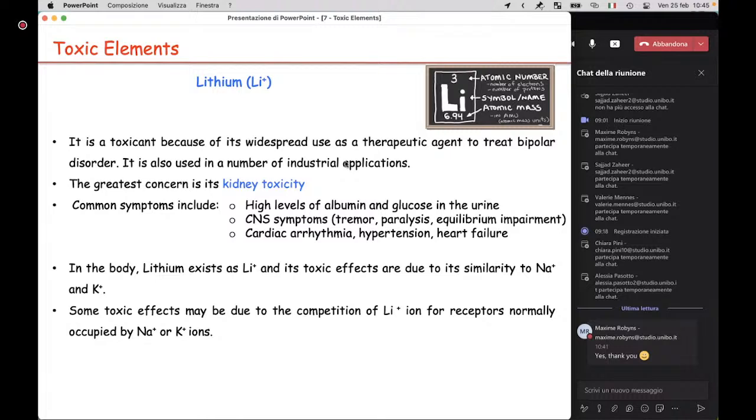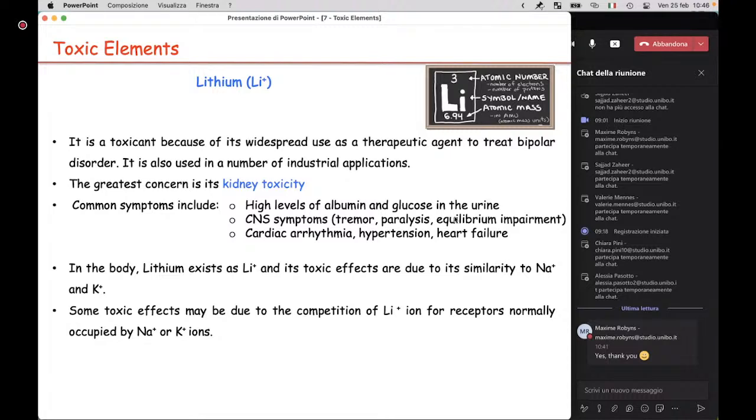Lithium is mostly toxic toward the kidneys, and if kidney toxicity happens, blood is not properly filtered, is not properly detoxified. Substances that should be eliminated are not, in fact, eliminated by the kidneys.